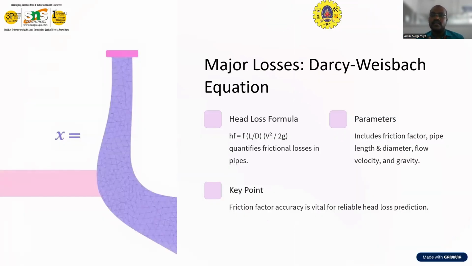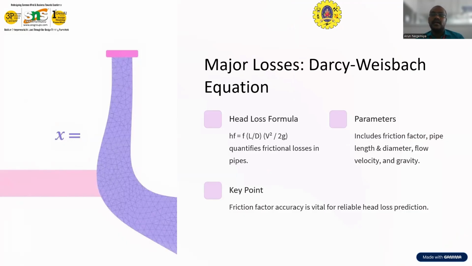And next, the major losses can be calculated by using the Darcy-Weisbach equation, which was developed by Darcy. The formula is hf equal to f into L by D into V squared by 2g.